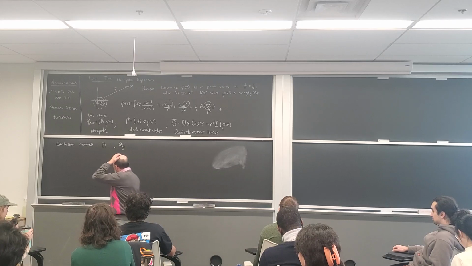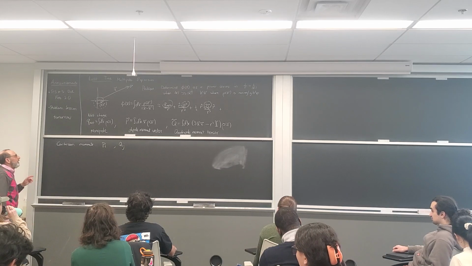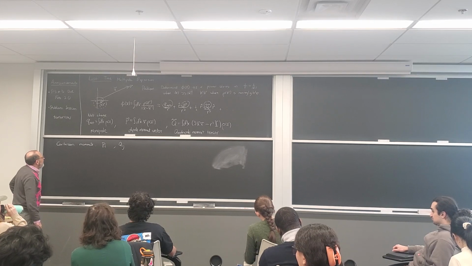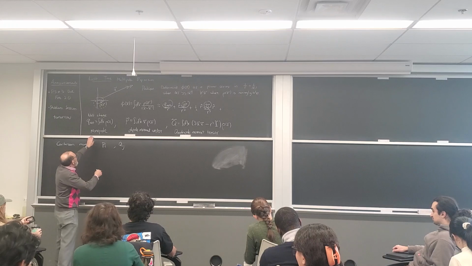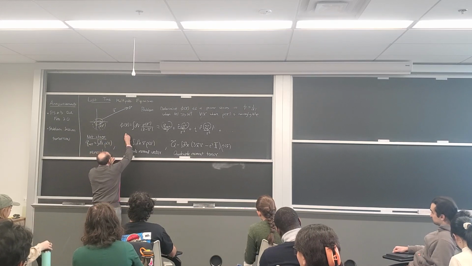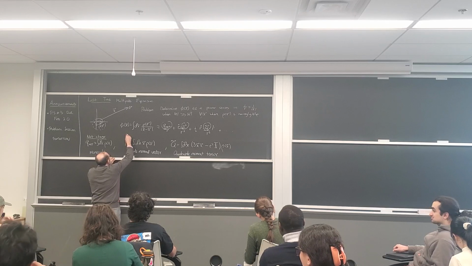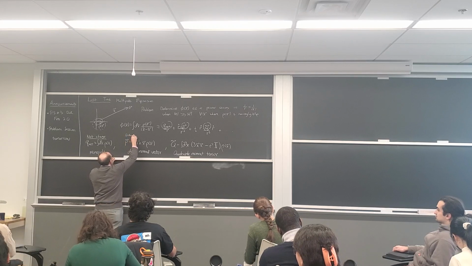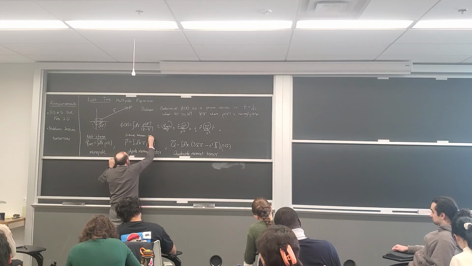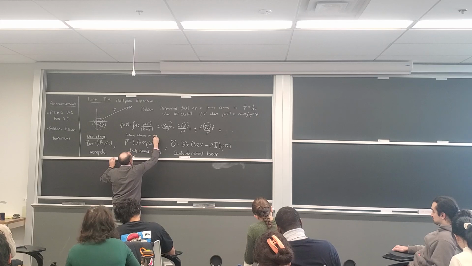All right, so I wanted to mention one thing that's going to be important as we continue. What we said here is about the net charge. This is about the distance between positive and negative charges.